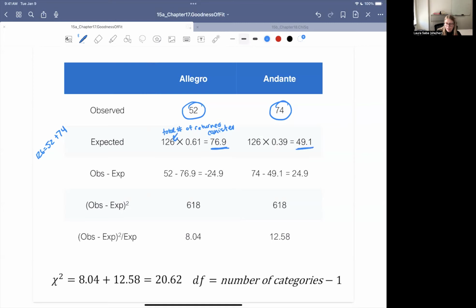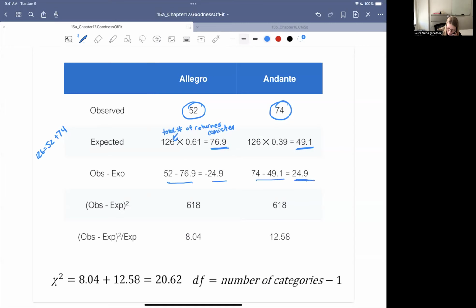So how we calculate a chi-square test is we compare what we observed versus what we would have expected under our null hypothesis, that it was equal to some given proportion, right? And so we're just going to subtract those two values for both machines.